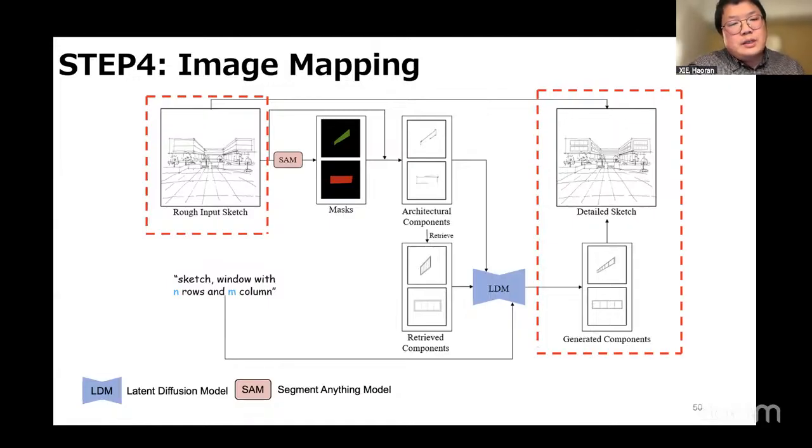Segment Anything just gets a mask of some area, but it's not correct at all. For example, this is the first work where we want to do retrieval augmented generation. So we only focus on the window and the door. So we use Segment Anything here. But in future, I think Segment Anything cannot work here.